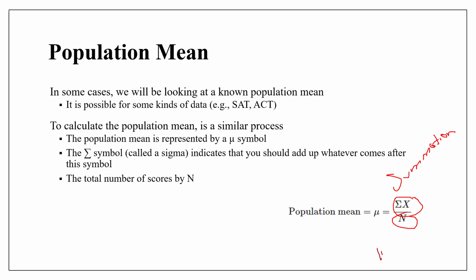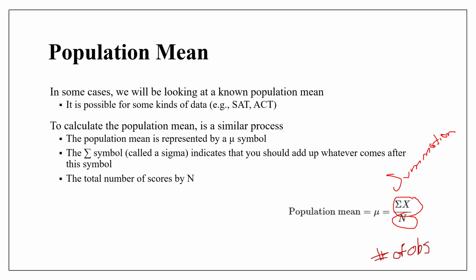So again, we're still working with the number of observations that we have in total, which again, in this particular case, that would mean everyone that belongs to the population, and you will have that information. And then this other notation that we see here, that is going to be the symbol that represents the mean for the population.